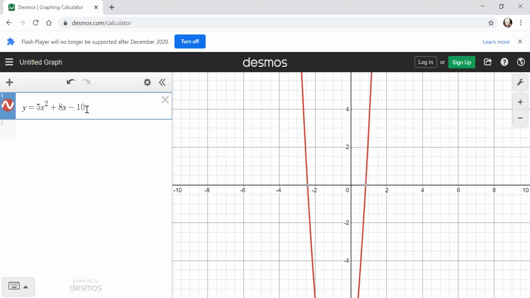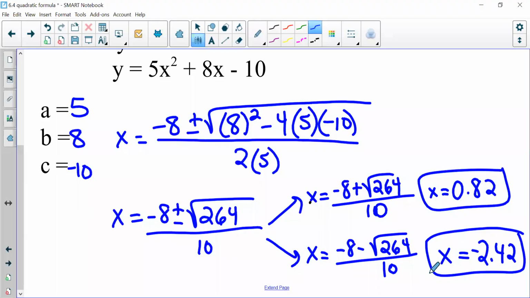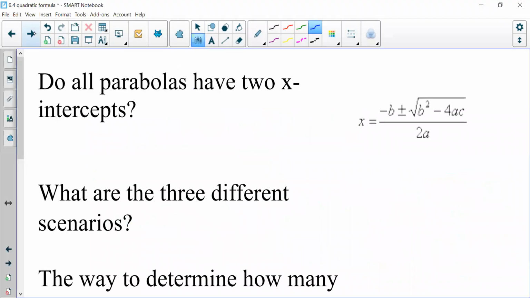You can see here on the graph, you have negative 2.42 and 0.82. So don't switch the signs if you're using the quadratic formula. Yeah, 2 decimals.